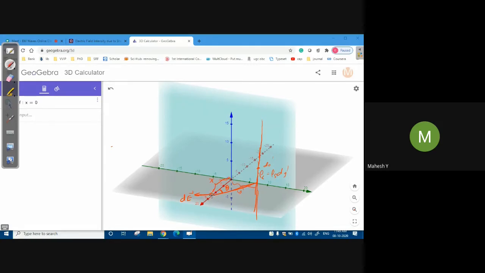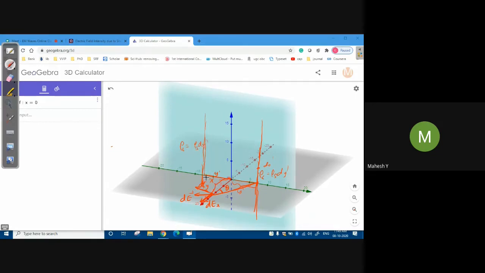So can I split this into two components? One along the x-axis, that is dEx, and another along the y-axis, that will be dEy. Now, for the same line here, which is y dash away, you can consider another y dash in the other direction, minus y direction. There will be one line, right, which is having the same line charge density, rho s dy dash.